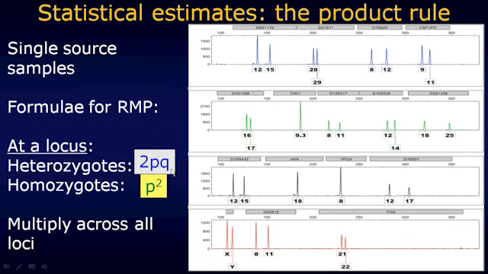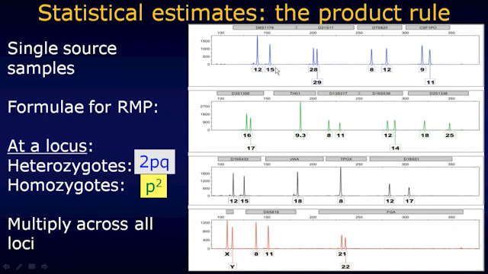There's nothing really magical or mystical about them. P is the frequency of one of the alleles that we find in that particular profile. Here, for instance, we'd wonder what's the frequency within some population of the 12 allele at the D8 locus. We can plug that frequency in place of P in this formula.